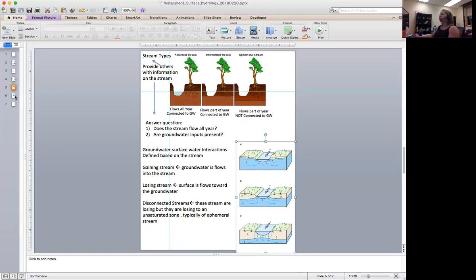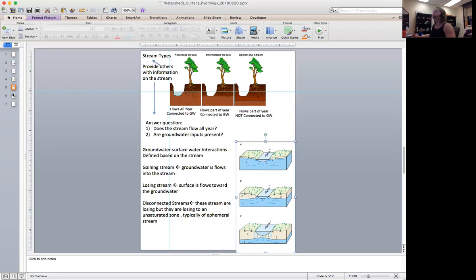Now, we have to continue on this idea of characterizing our streams, because this gives people an understanding of what's taking place in these systems, right? So, you tell someone if it's a perennial stream, they have this idea that there's quite a bit of water moving through that system and able to recharge that stream. But we also need to talk about the morphology of these streams themselves. So we have several different types of morphology.